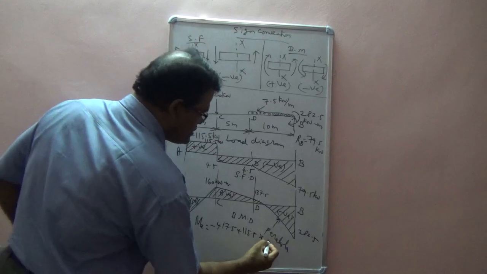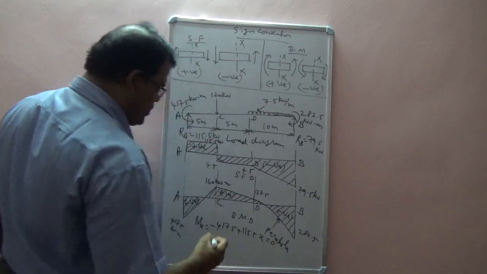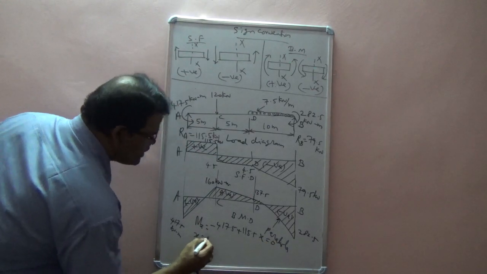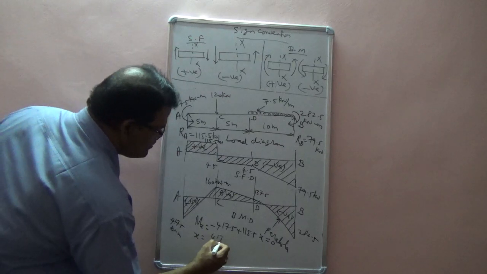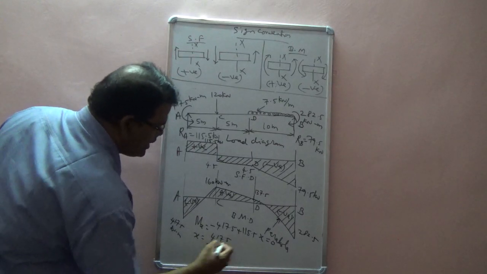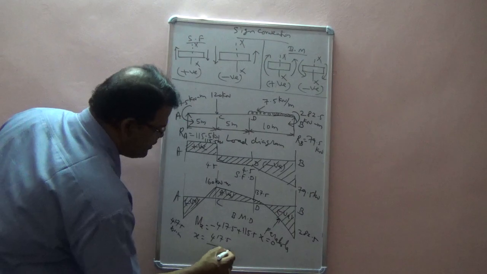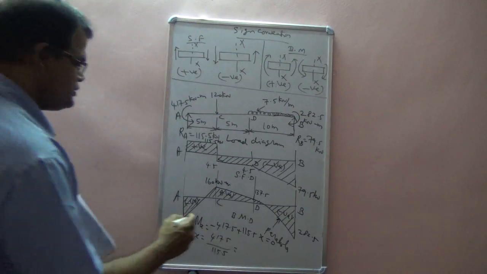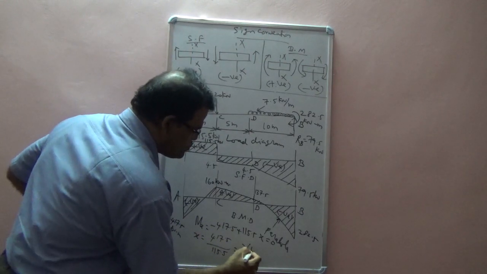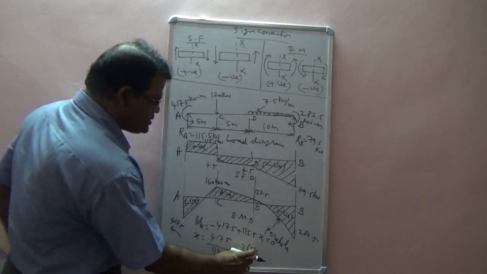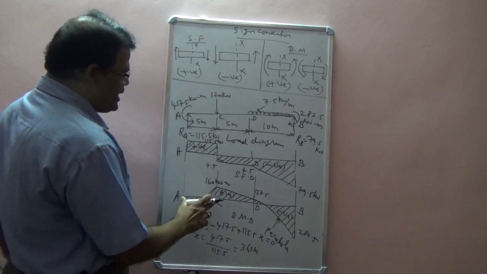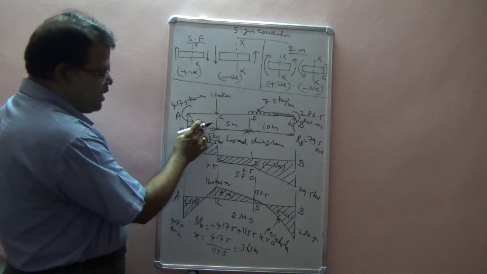Now substituting this, equate it to 0. So the x value will be equal to 417.5 divided by 115.5. So this comes to about 3.61 meter. This 3.61 meter lies between AC because the AC span is 5 meter.